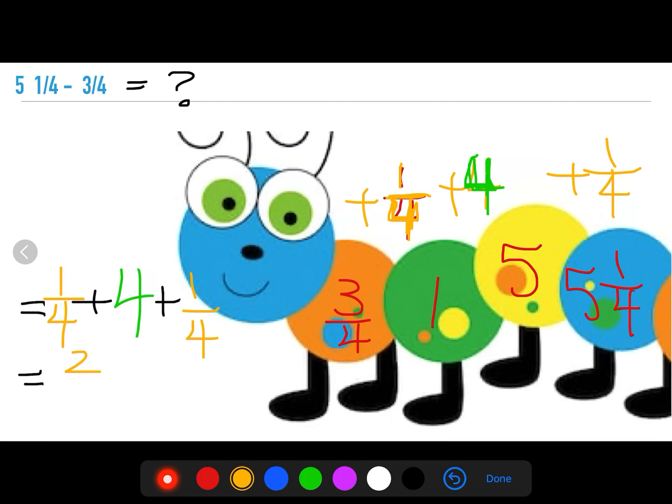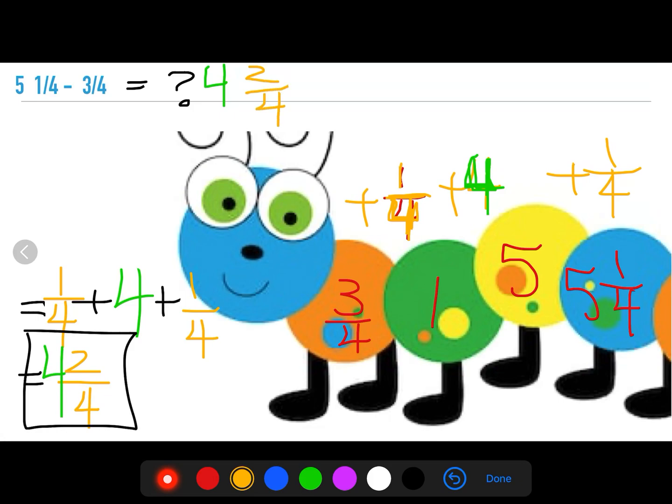Combining like terms, 1/4 plus 1/4 equals 2/4, and bringing down my whole number. 5 1/4 minus 3/4 equals 4 2/4, or 4 1/2 if we simplify 2/4 to its simplest form.